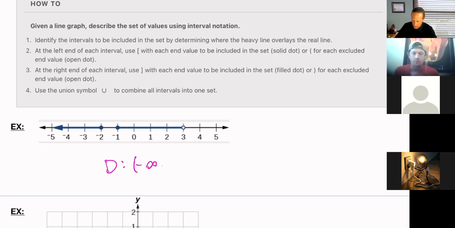Okay. We'll put comma to represent all the things until we get to what? -2. And then we will give it a nice big hug because it is included. It's a closed dot. But then you see we have this void here. So we need to unite the other set of numbers that go from here to here.